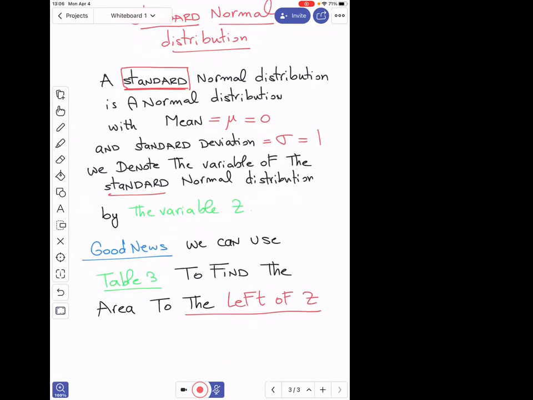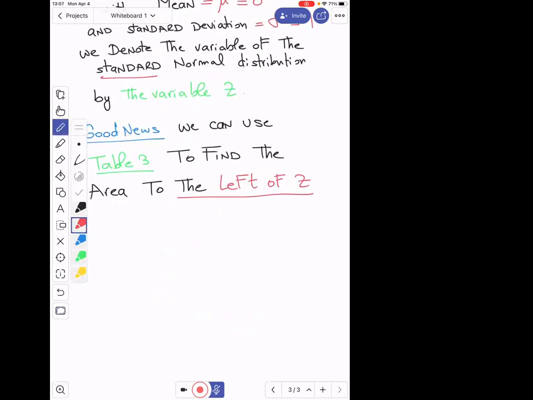For example, and I'm going to show you, of course, how to use the table to find the percentages or the probabilities.